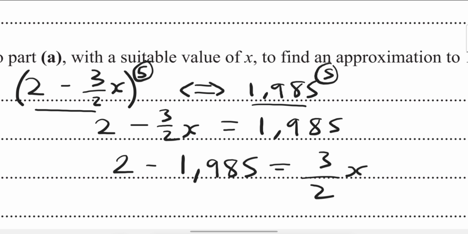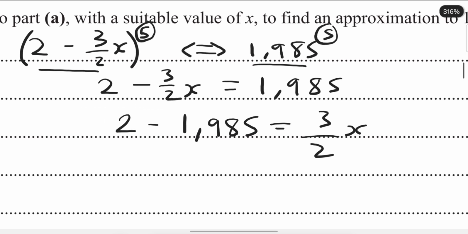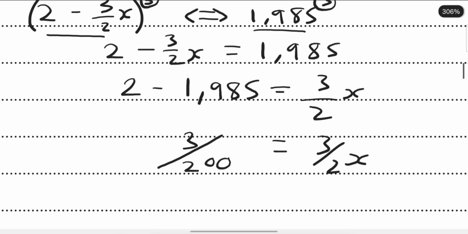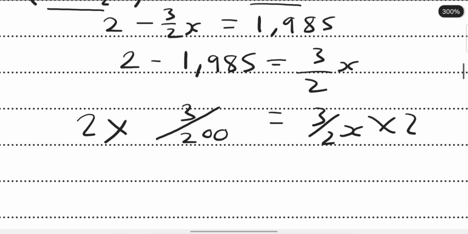So 2 minus 1.985, right? That's 3 over 200 is equal to 3 over 2x, right? So I'm going to multiply both sides by 2, right, to get 3 over 100 is equal to 3x.